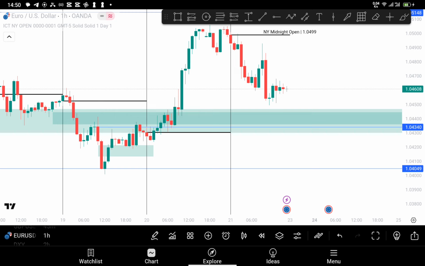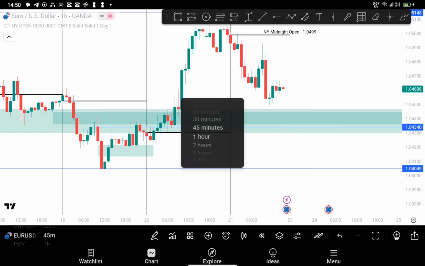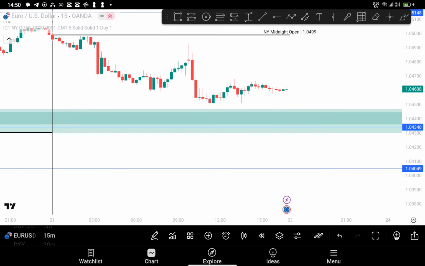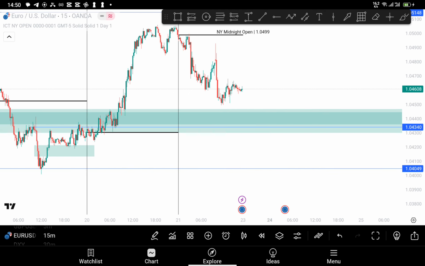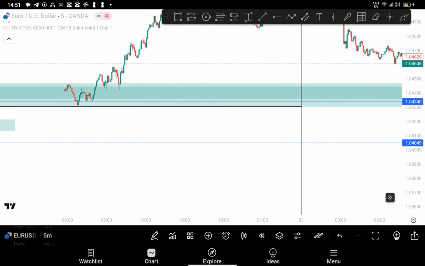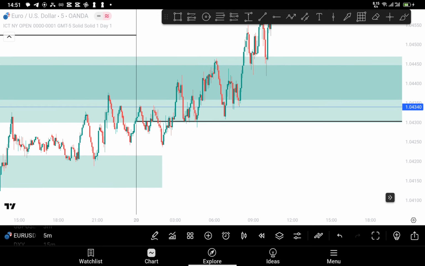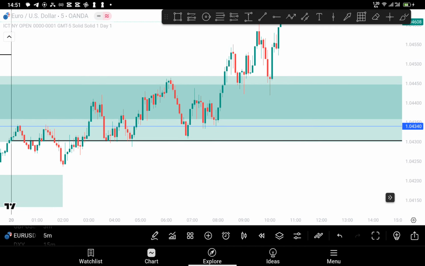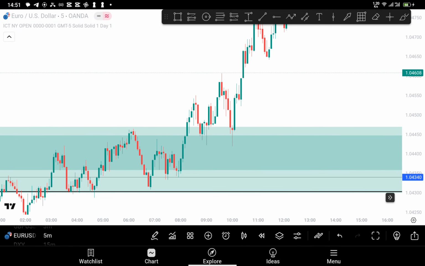The open of that, two consecutive red candles, we never closed below it. Okay, and then we see that price during New York took off.